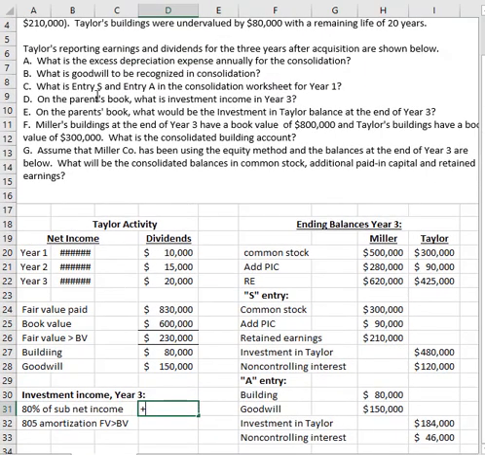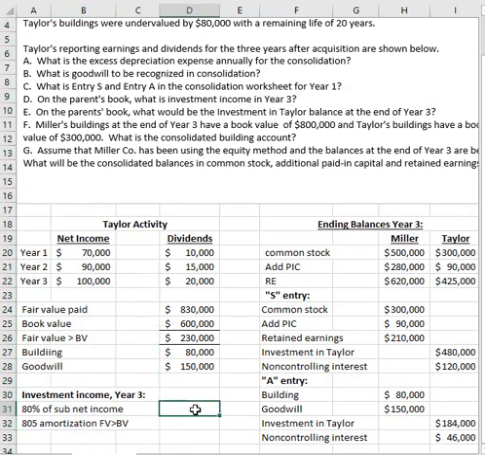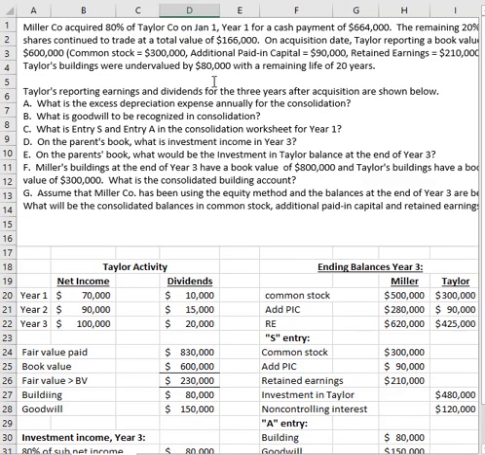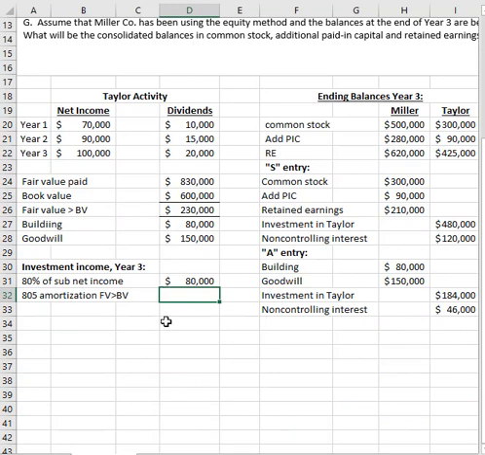So the net income for year 3 is 100,000 times their 80% share, and then that amortization, that 4,000 a year, which was the 80,000 divided by the 20, we're going to get 80% of that. So the investment income for year 3 will be the sum of those two. 76.8.